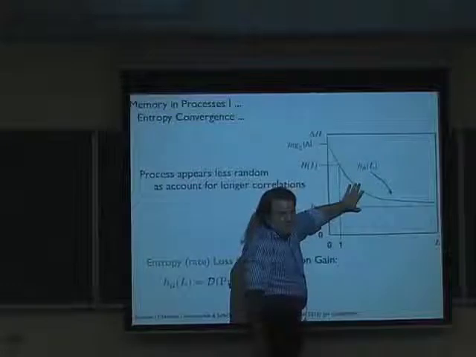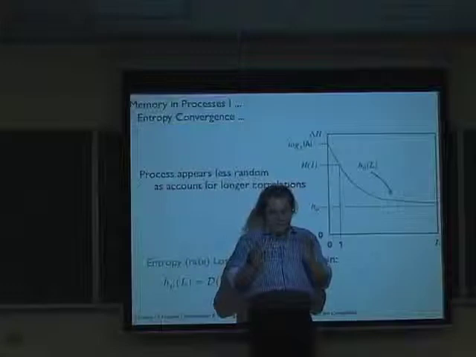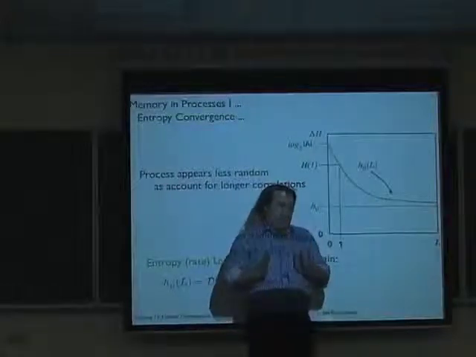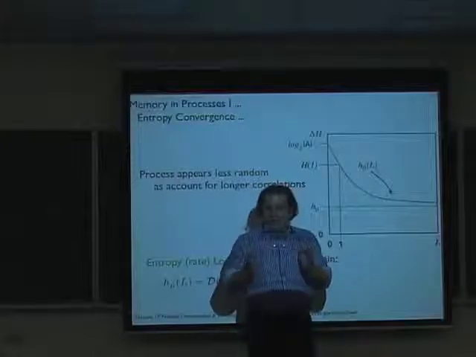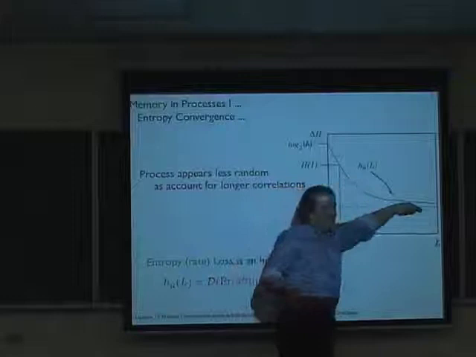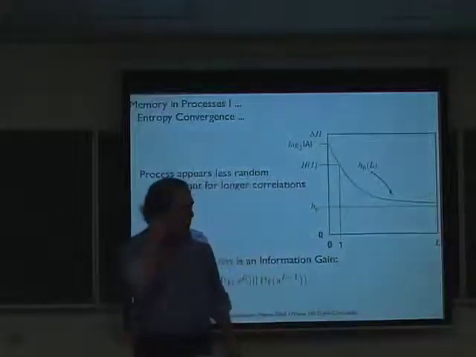In other words, if I take too crude a statistic, the process will appear more random than it really is. The goal, of course, is to take more data and look at more sophisticated statistics over longer words until we get better and better approximations of the true unpredictability or randomness in the source.